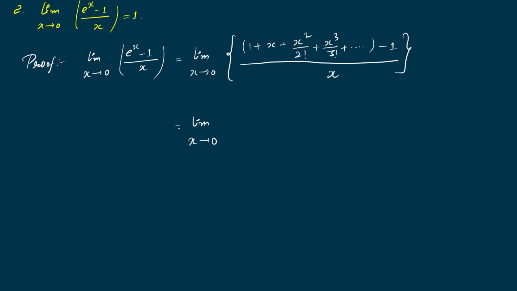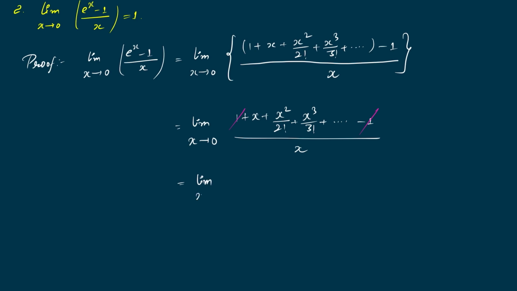Now if I open the bracket up here, it will be 1 plus x plus, and there's a term minus 1 up here, divided by x. As you can see, we can cancel this minus 1 with this plus 1.